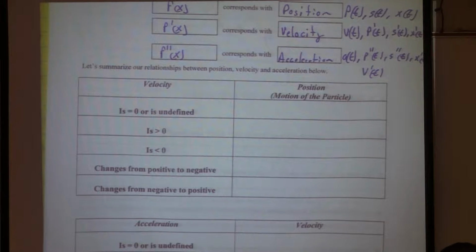The rate at which the position is changing, which is velocity.